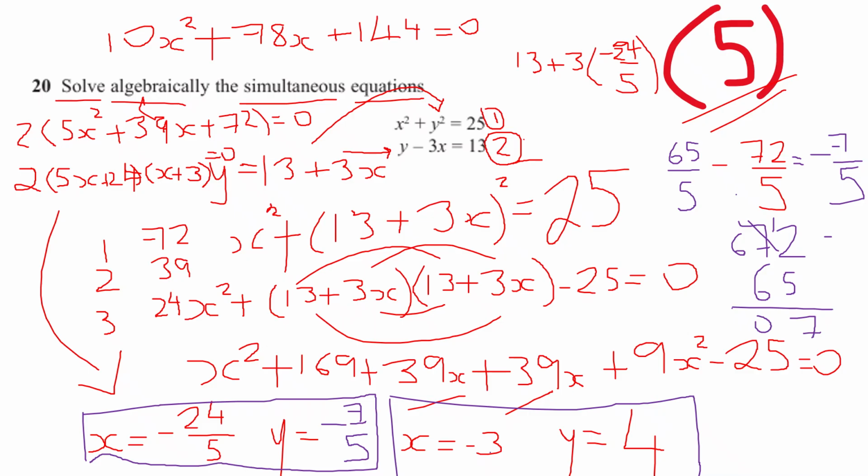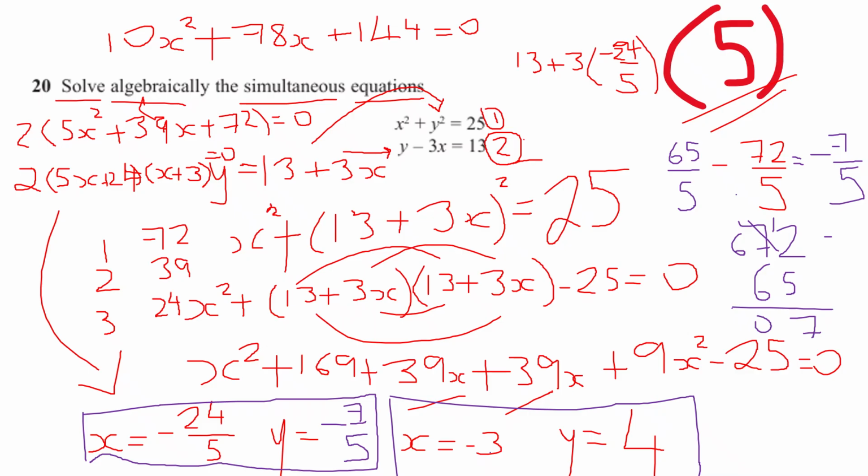If your algebra is strong and your mental maths is strong, then there's no reason why you can't get 5 marks. But again, please do practice these grade 9 questions. They're not too bad once you get into the thick of it.